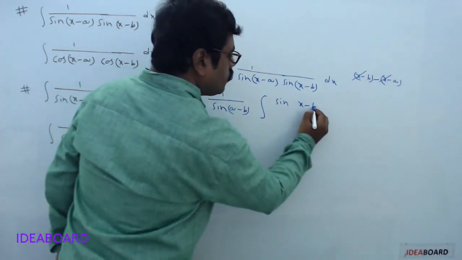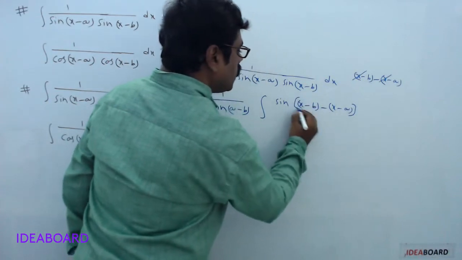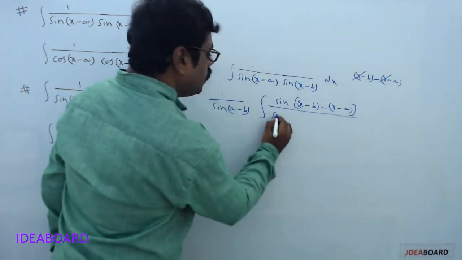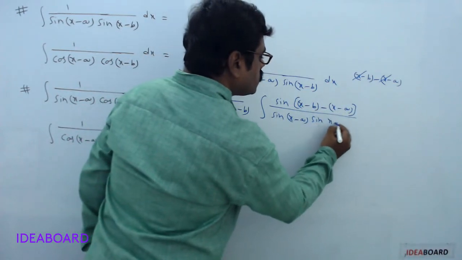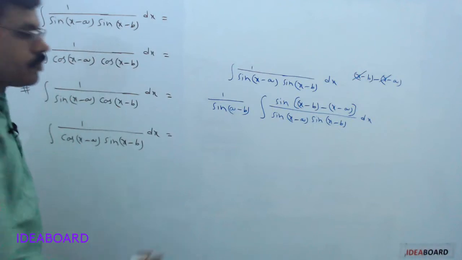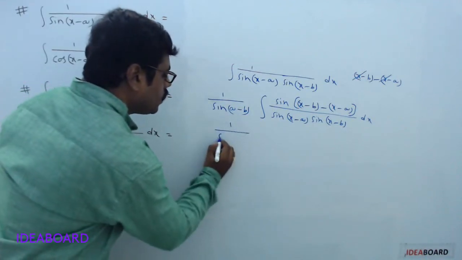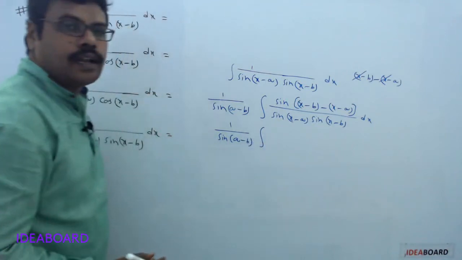This is sine of x minus b minus of x minus a divided by sine of x minus a into sine of x minus b dx. Now this is 1 divided by sine of a minus b into integral.